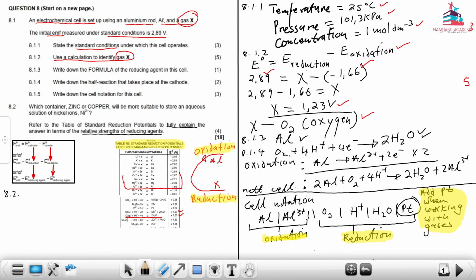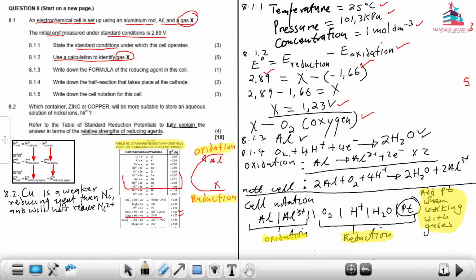So when looking into the table, Cu is a weaker reducing agent than nickel, and will not reduce Ni2 plus.